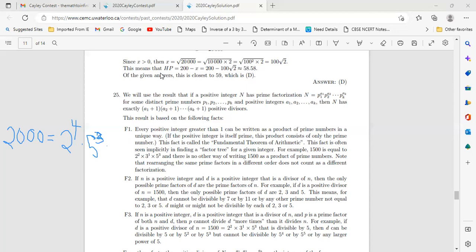You can do the prime factorization also on the screen. Otherwise, I'll write the prime factorization part.